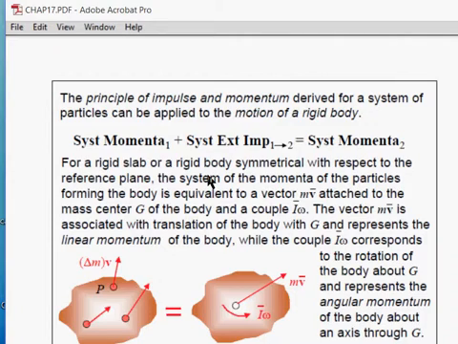So, in this case, for this slab, we have this slab in the plane of the screen. The system momentum plus the system of external impulses is equal to the momentum after.